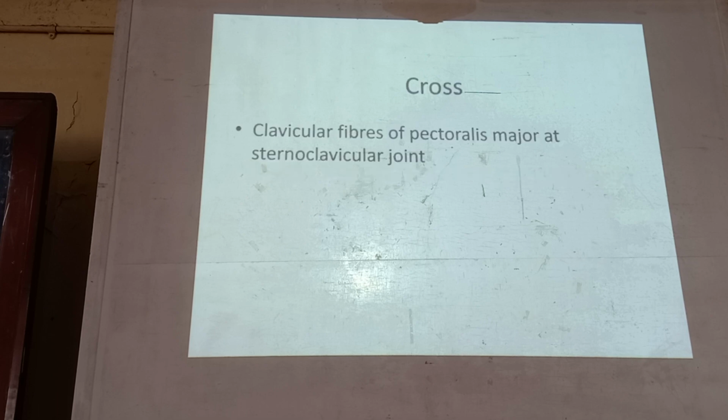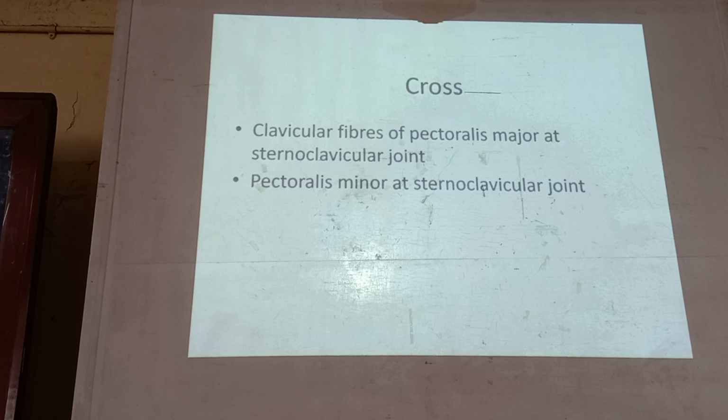So let's try to understand the word cross. You have to say yes or no. Okay? Clavicular fibers of pectoralis major cross the sternoclavicular joint. Yes or no? Okay, some more questions.